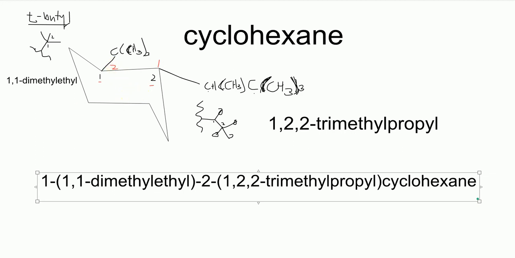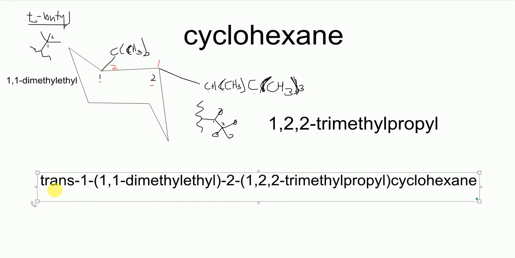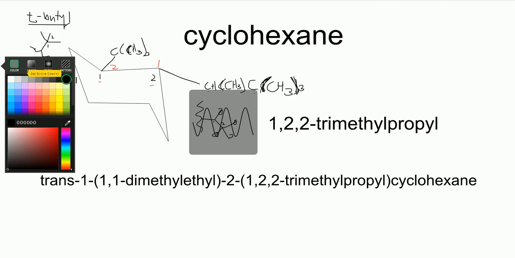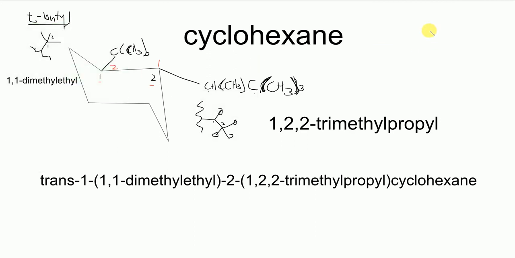So as you can see, both of them here are in the equatorial position. And I'm just gonna say right now, these are trans, and I'll explain it. To understand this, I'm going to convert this into the regular cyclohexane.